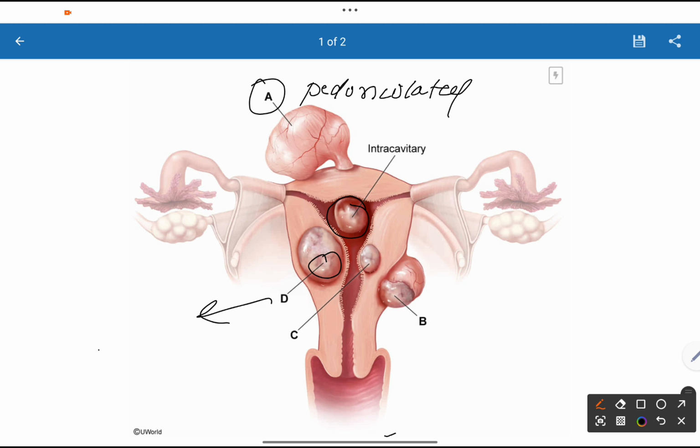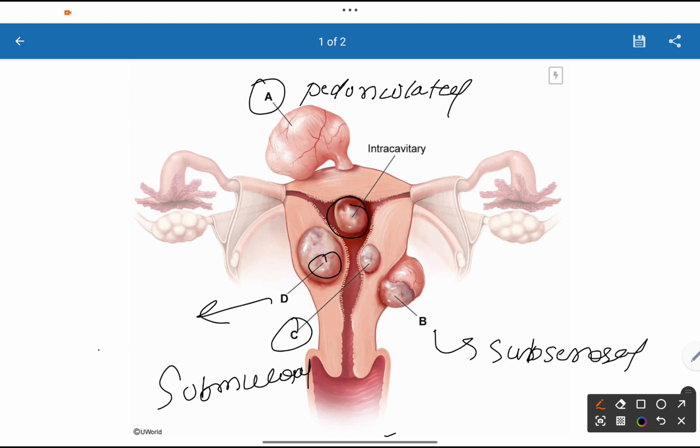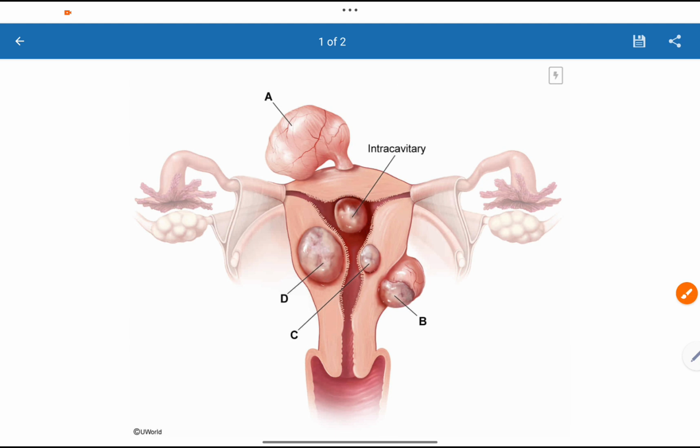And this one, since it is inside the mucosa, we will say submucosal fibroid, and this one is a subserosal fibroid, and this one I think is myometrium or endometrium. What else can we say? Actually, I'm confused about D. So let's check it out.